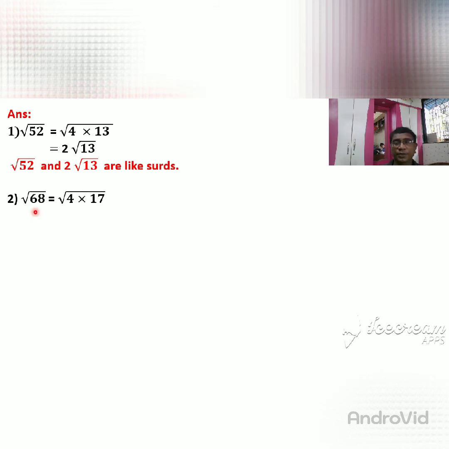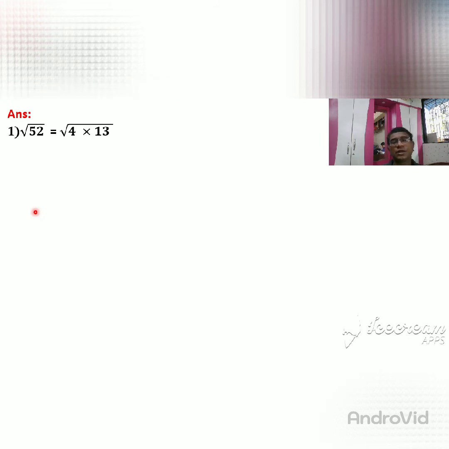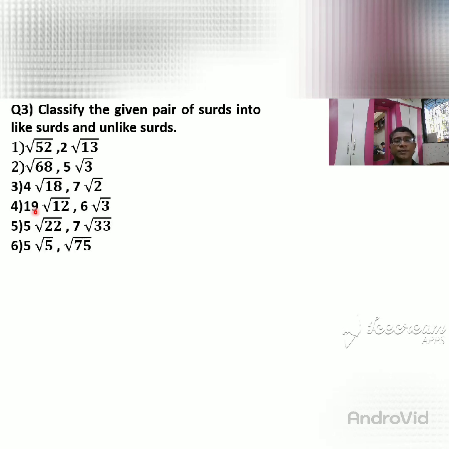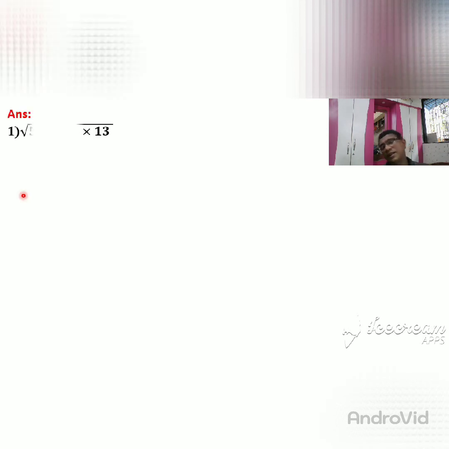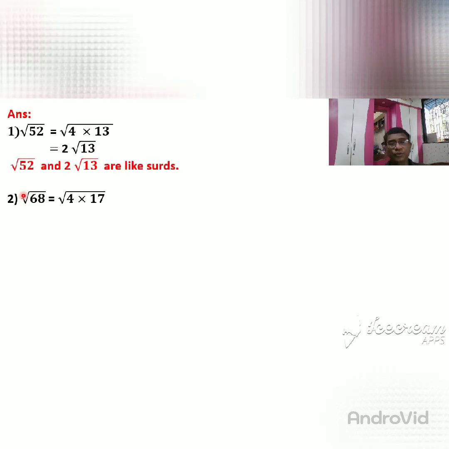Then another problem. What is given? 68, paired with 5 root 3. First we factorize 68 and find out what we get. The order of 68 is 2, because in the V shape there is no number given, so the order is 2. So you want to find the square root of 68.